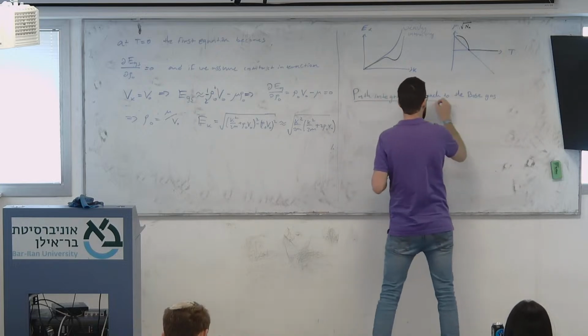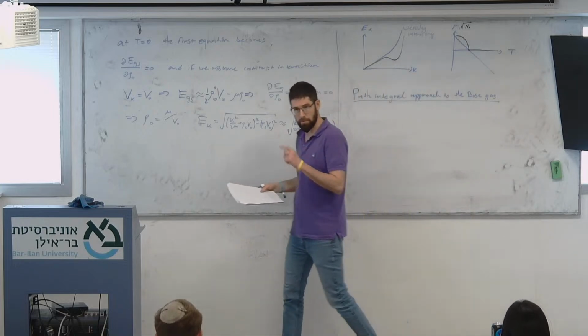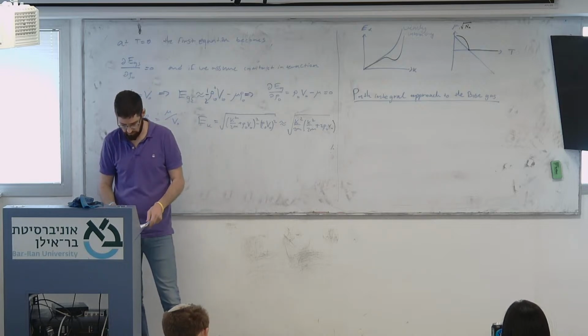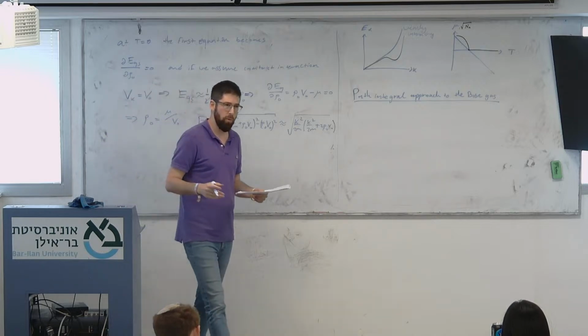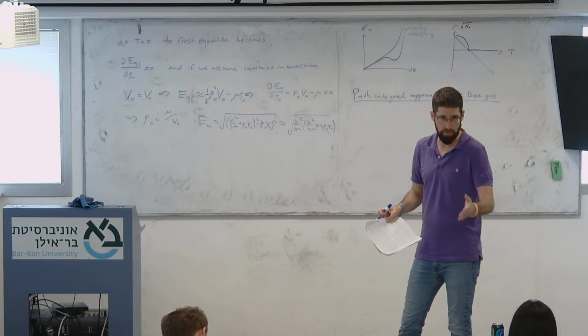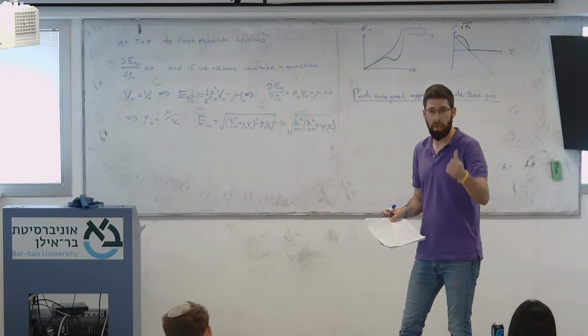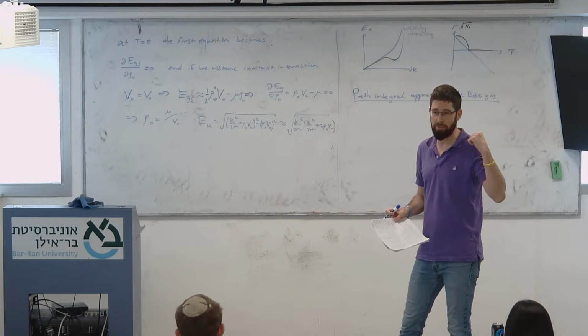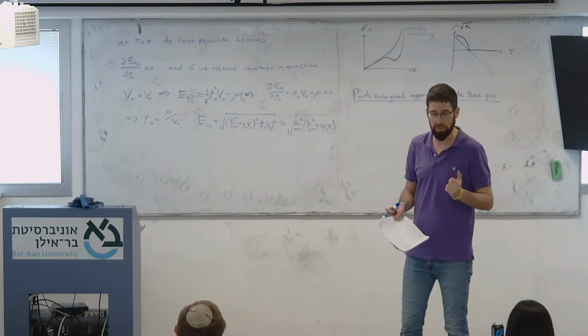Any questions before we start? So what we're going to do now is take the Hamiltonian I wrote in the beginning of this lecture and imagine that when we derived this path integral formalism, that was our Hamiltonian.